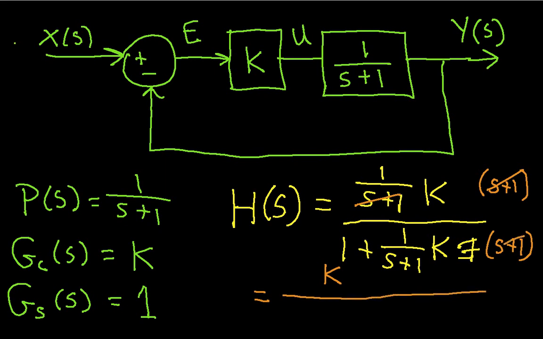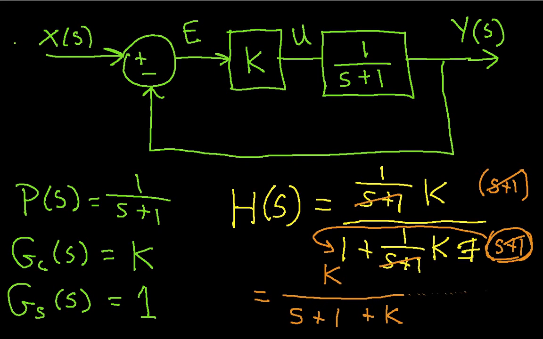This s plus 1, this one right here, cancels this s plus 1, and this s plus 1 is multiplied by this 1 out here, so I get then s plus 1 plus k. I'll tidy up this fraction here just a little bit.